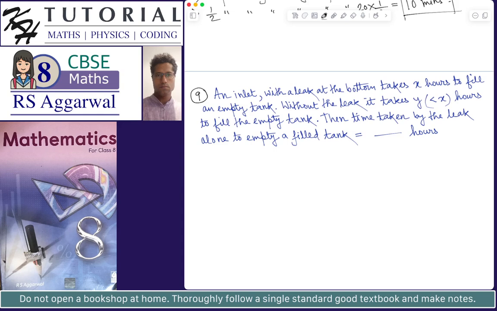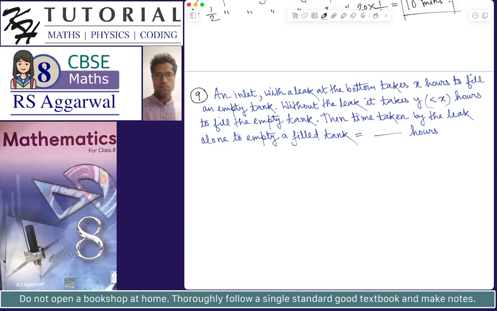Now it is given that without the leak it takes y hours to fill the empty tank. That is, if the leak was not there, then the inlet is taking y hours to fill the empty tank.